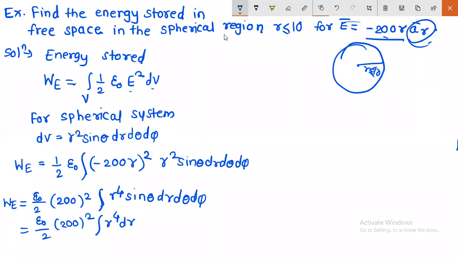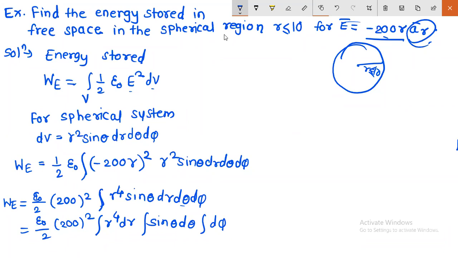Then integration for theta, so the term is sine theta d theta, and integration for phi of d phi only.